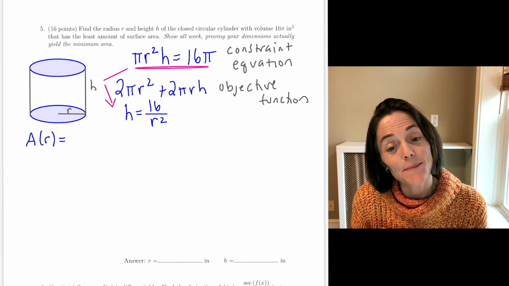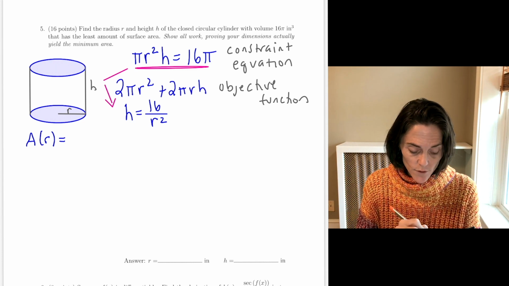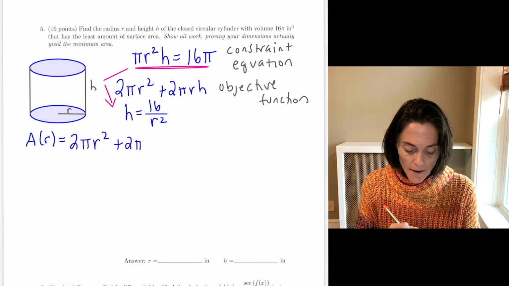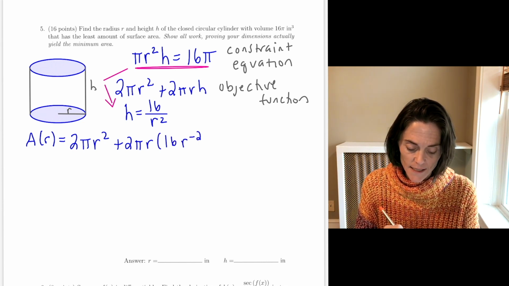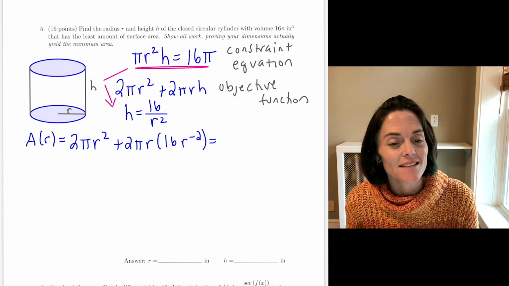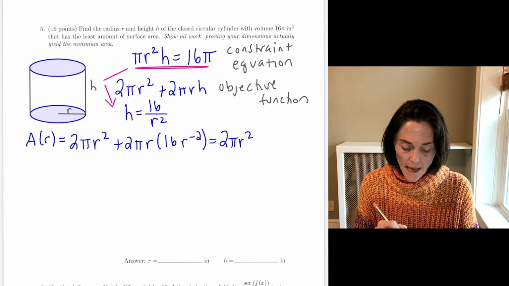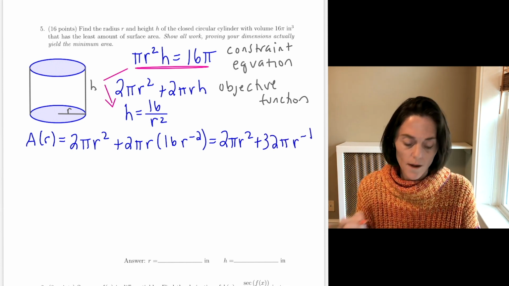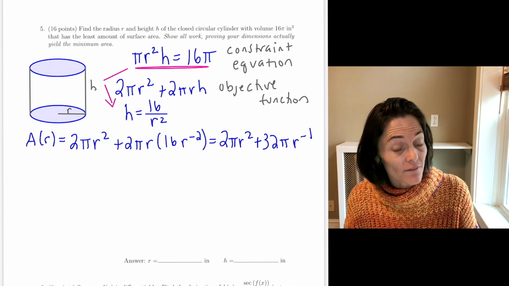What I want to do is substitute 16 over r squared in for the h. So I have 2 pi r squared plus 2 pi r and the h, which is 16 r to the minus 2. Let's simplify this. I have 2 pi r squared, and then I have plus 32 pi r to the minus 1. Okay, wonderful. We have a function.